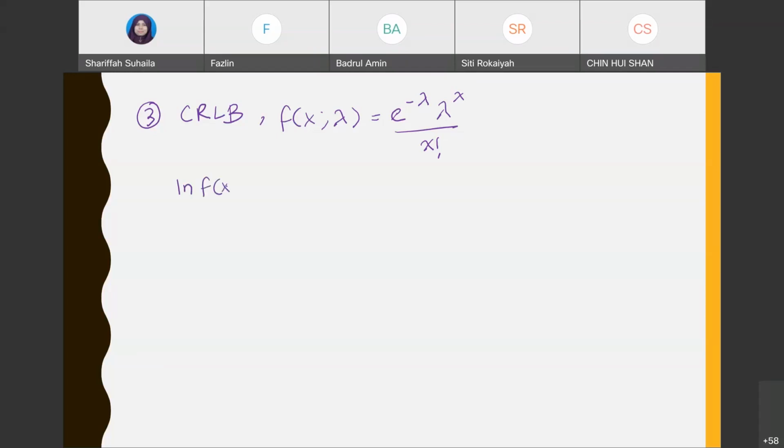So ln f(x; lambda). So ln exponential negative lambda, you get negative lambda ln e. So ln e is equals to 1. So saya tak tulis. So plus lambda to the power x, ambil ln. So x ln lambda minus ln x factorial. Make sure you can write this one.